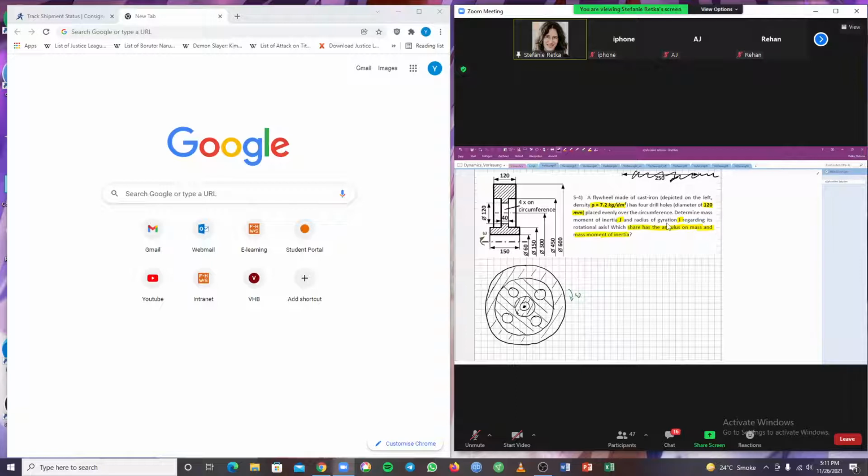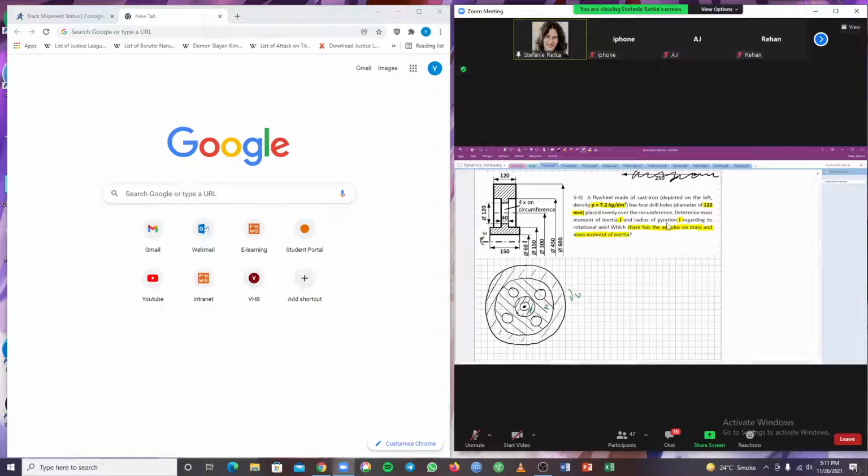Due to the different thicknesses of the flywheel, we have to break it down to different subsystems. So we could number our subsystems. For example, this would be our first subsystem. This part of the flywheel would be the second subsystem.